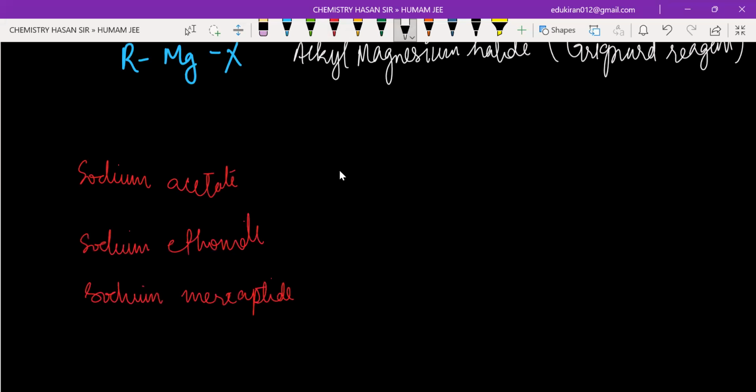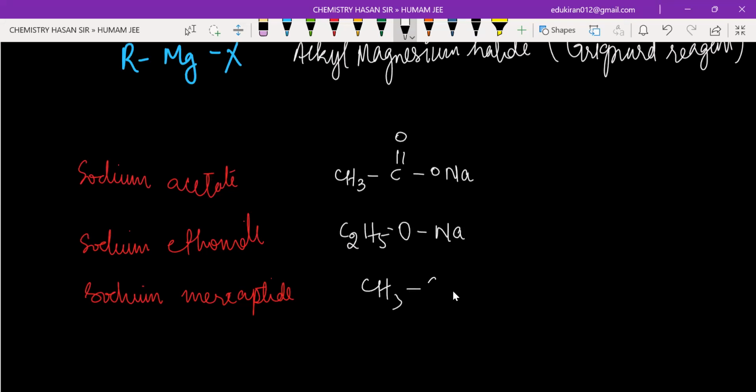Now, if you're going to see, it will be CH3 C double bond O ONa, and this is your C2H5 ONa, and this is your CH3 SNa. Both of you can tell me whether it is an organometallic compound, yes or no?